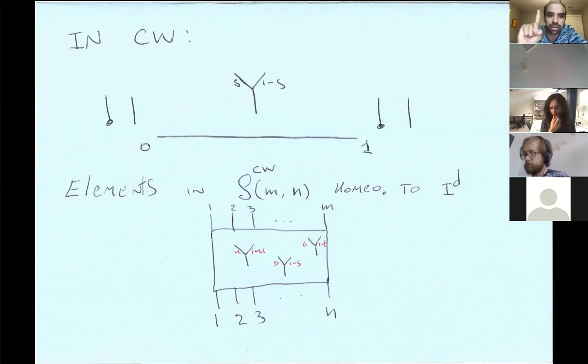So just a comment here. Let me try to think about this. Any topological space, not necessarily a CW complex, is a kind of coalgebra, not stupidly, but just by the diagonal map.